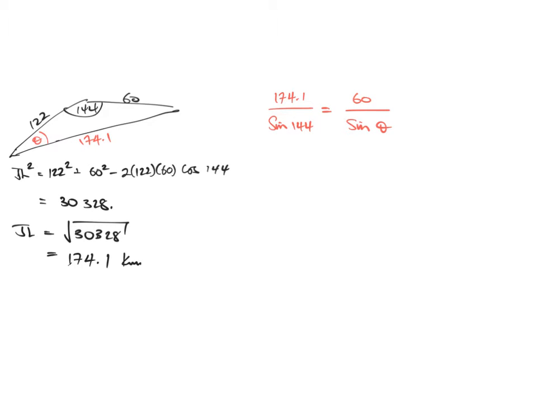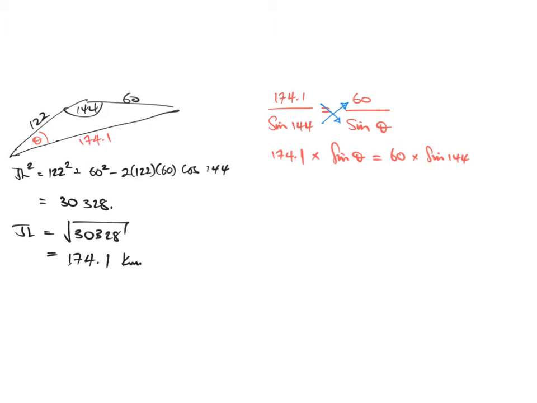Now let's do a little bit of rearranging to get what we want. We can cross multiply there, which will now give us 174.1 times sine theta is equal to 60 times sine 144.